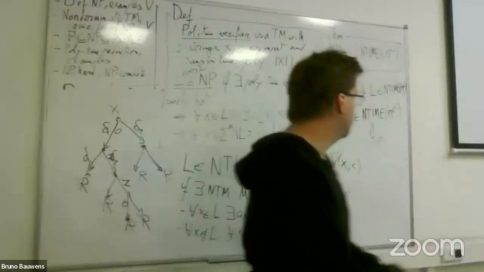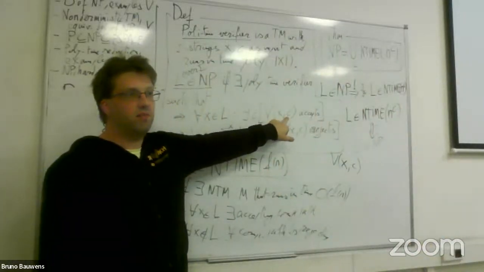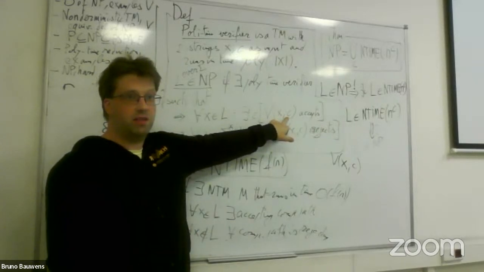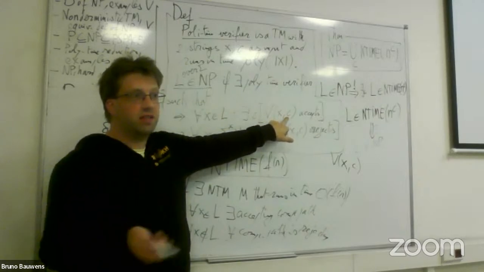We can just brute force all the certificates, and they will be of polynomial length. We said that we can assume that C is of polynomial length because the verifier runs in polynomial time. So let's have a loop over all certificates and brute force search them.